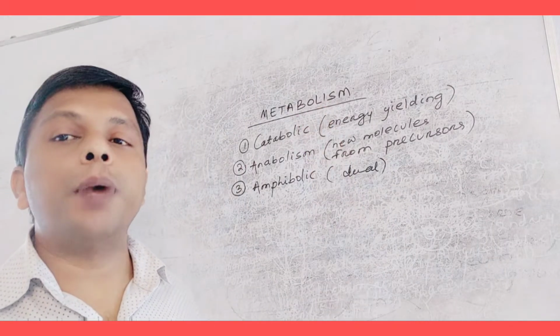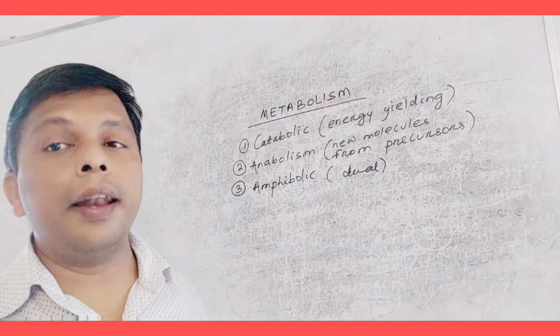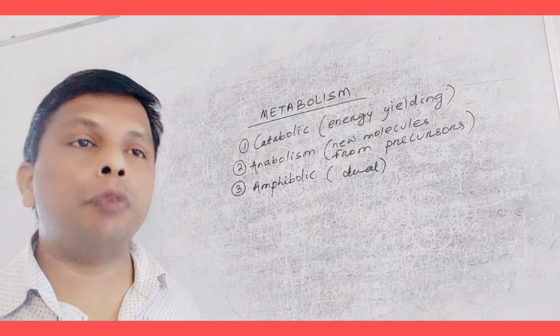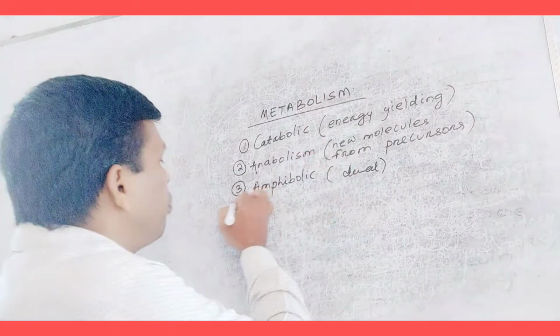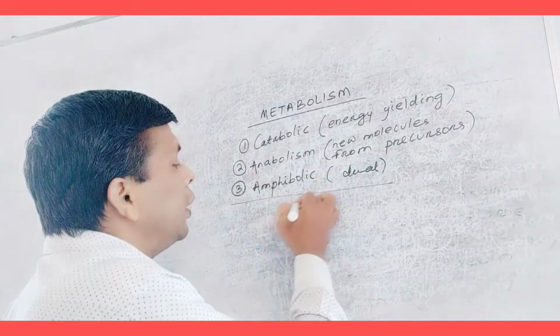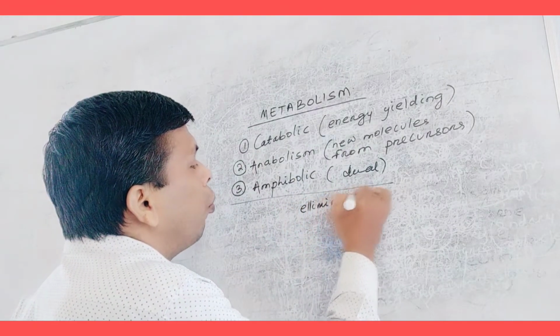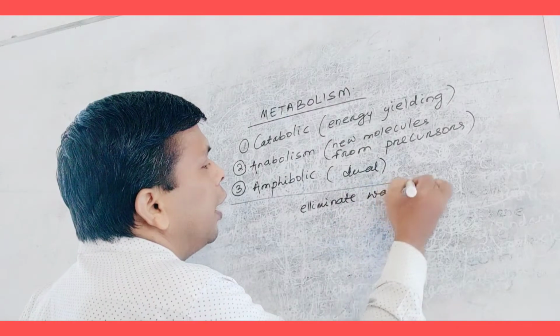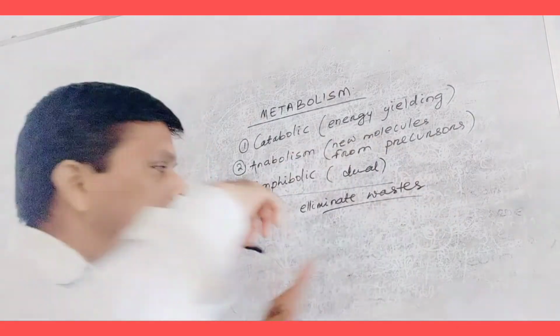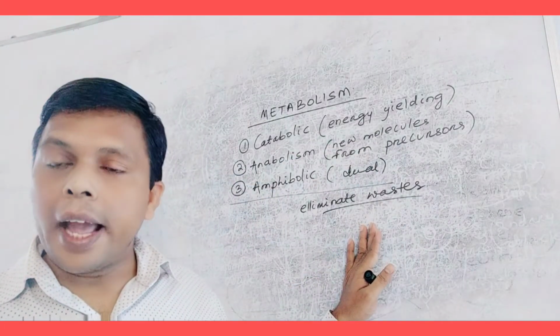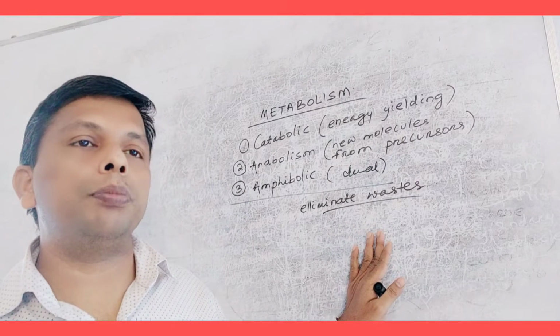Apart from all these pathways, there is another mechanism. In that mechanism, it is required to eliminate waste materials. This happens at the end of metabolism.